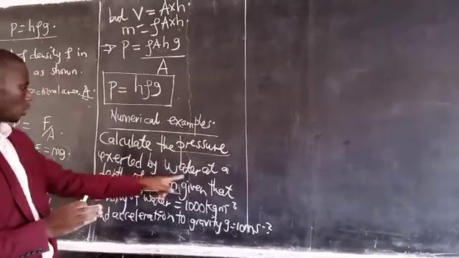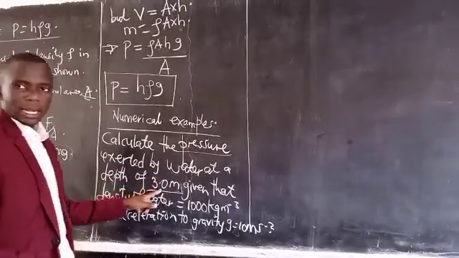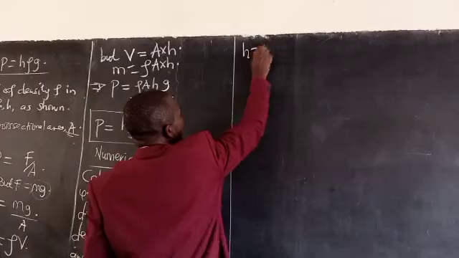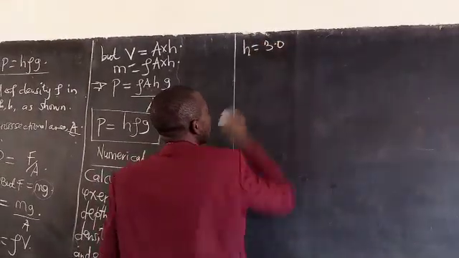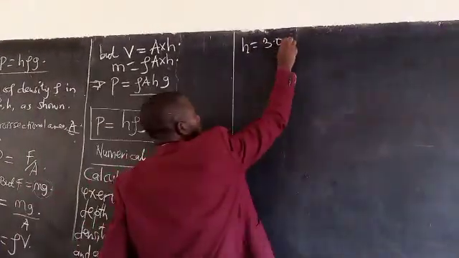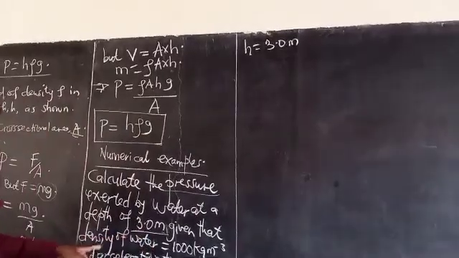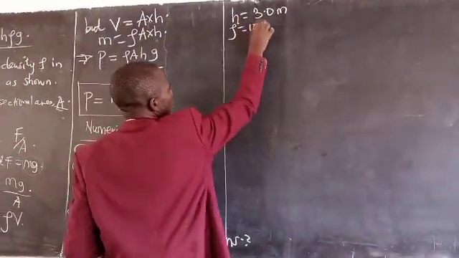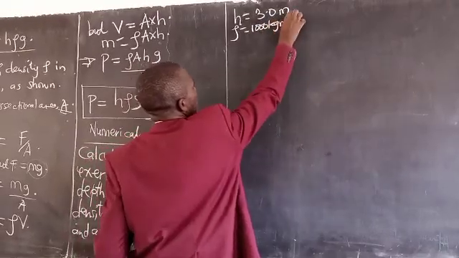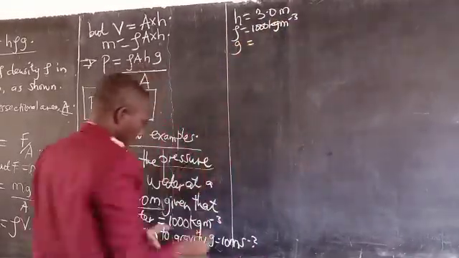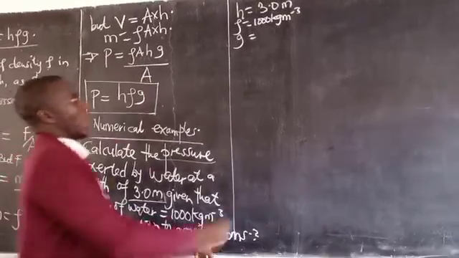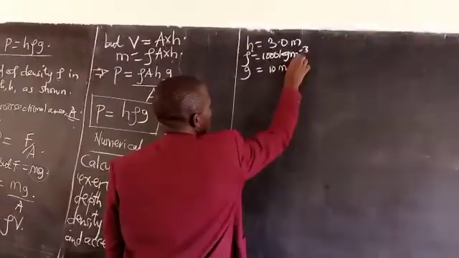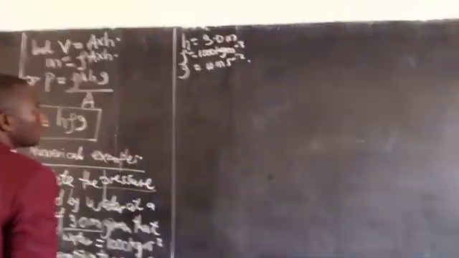Pressure exerted by water at a depth of 3, meaning H is 3.0, and it is given in meters. The density, the rho, is given as 1000 kilograms per cubic meter, and the G is given as 10 meters per square second.